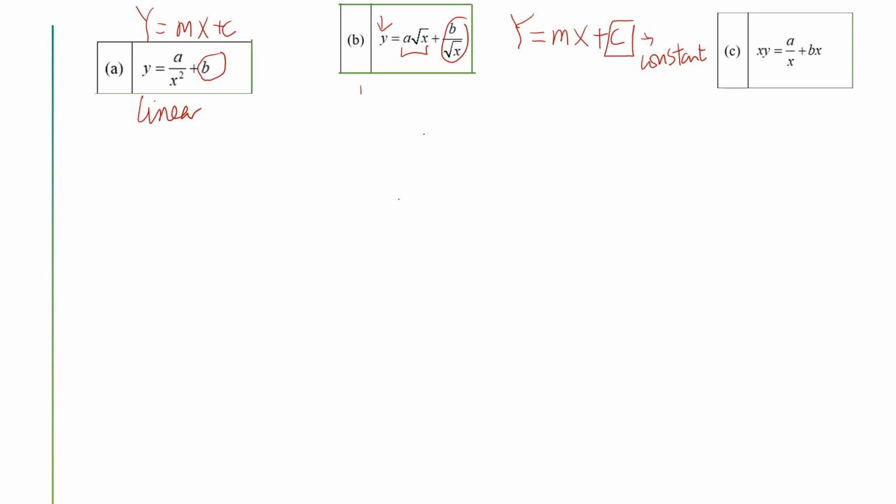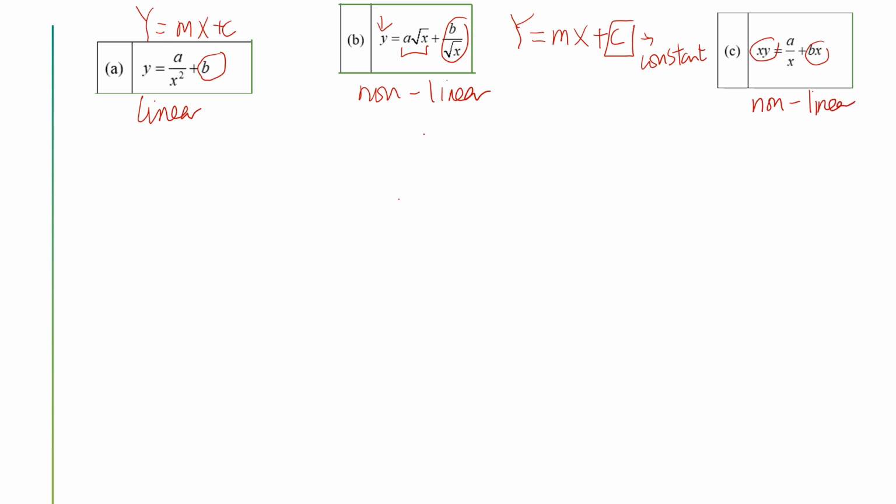Hence part B is a non-linear form. And if you look at part C, x times y, that's variables. B times x, that's a variable. And A divided by x, that's also a variable. So the third one is also non-linear.